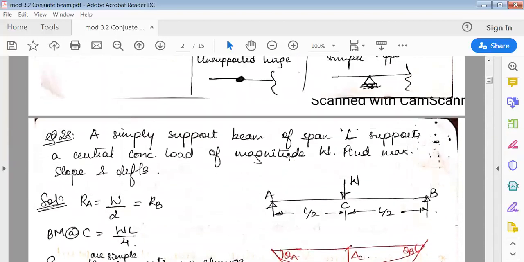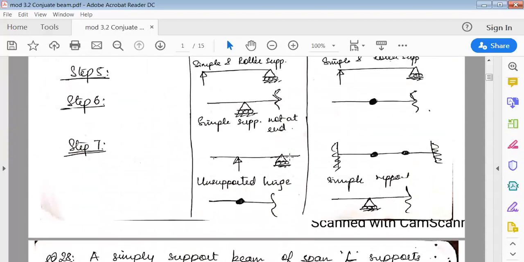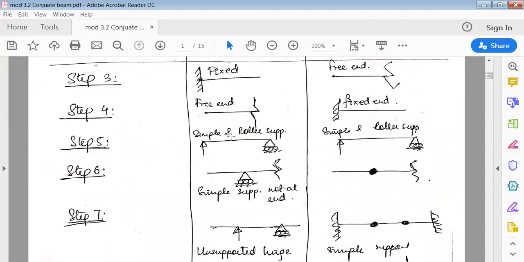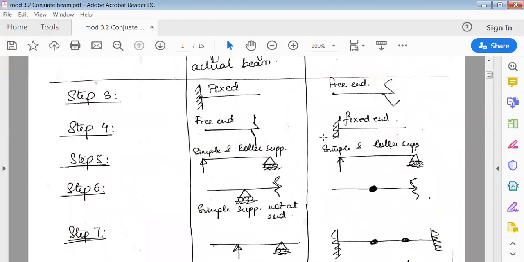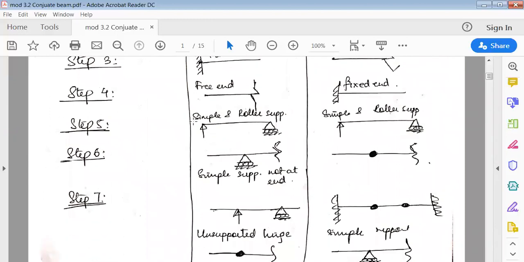According to this table, actual beam, conjugate beam: simply support in actual beam remains simply support in conjugate beam. Likewise, roller support in actual beam remains roller support in conjugate beam.